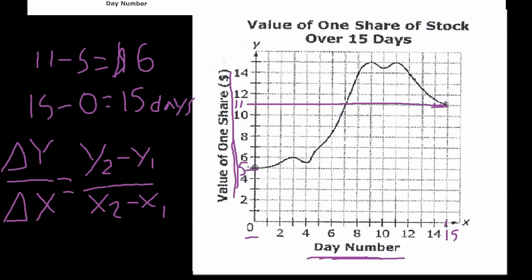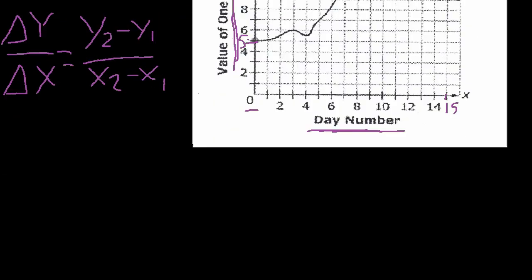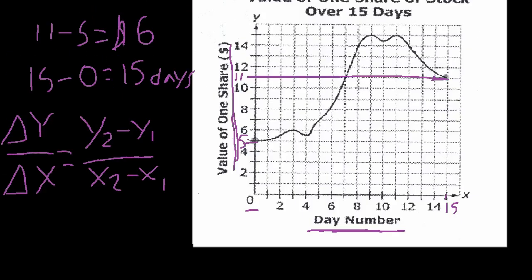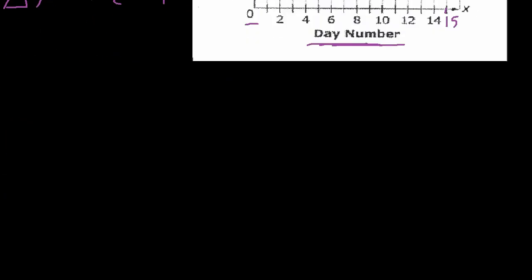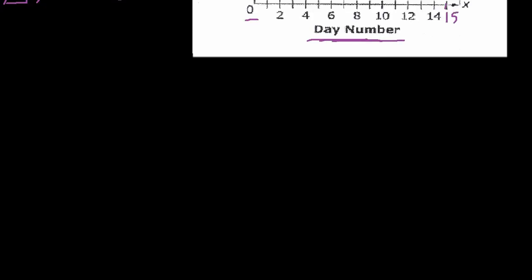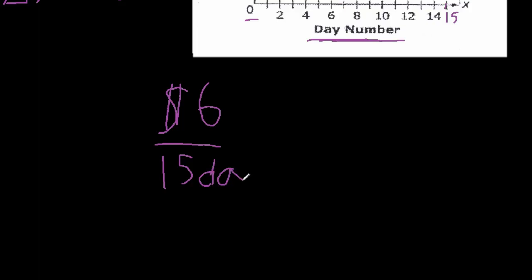So let me scroll down and we'll finish up the problems by simplifying. So it's $6 over 15 days. So this is what's called our rate of change.